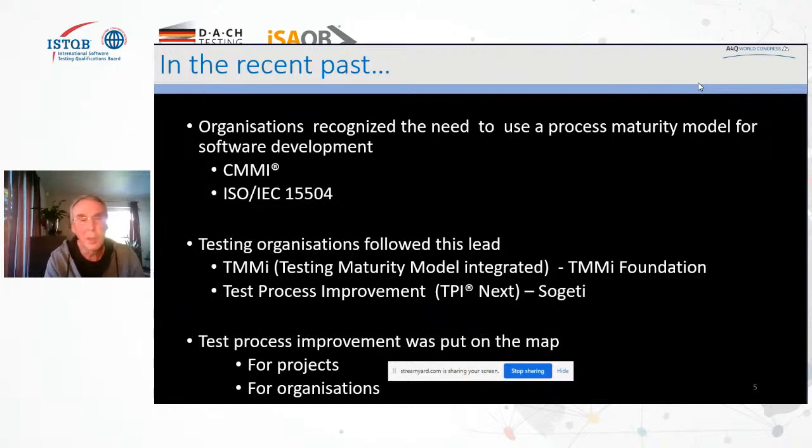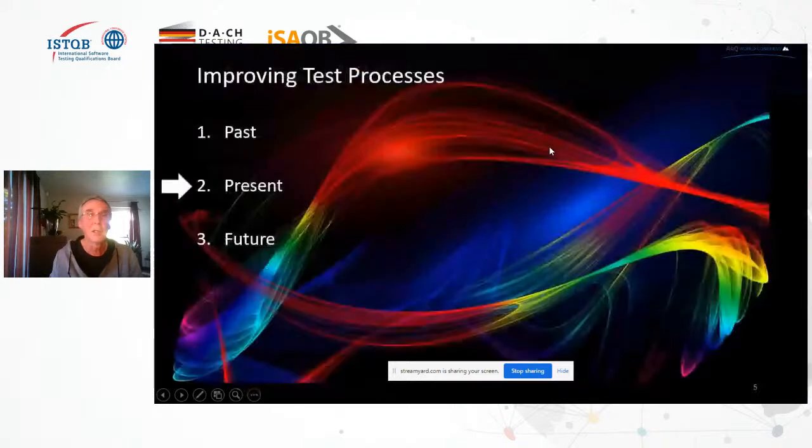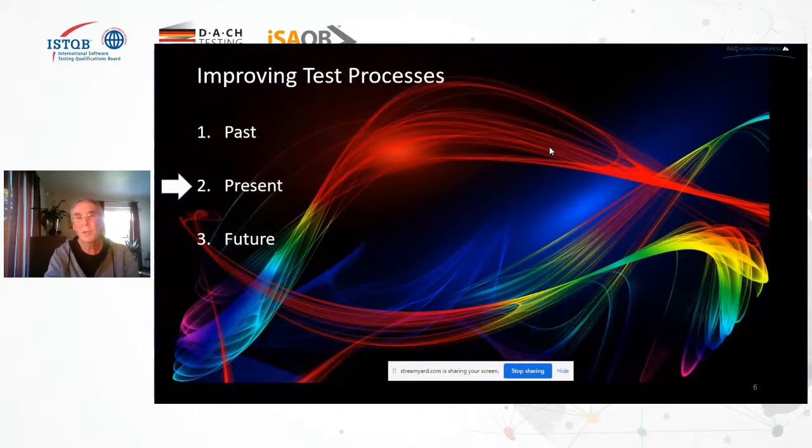So it was possible now at project level and at organizational level to consider test process improvement. Well, great. And those were the days when you could do that sort of thing. You still can actually, but the present situation has changed compared to those days.